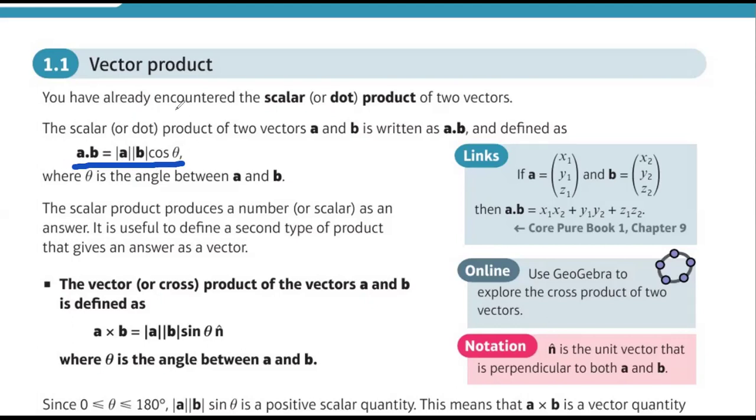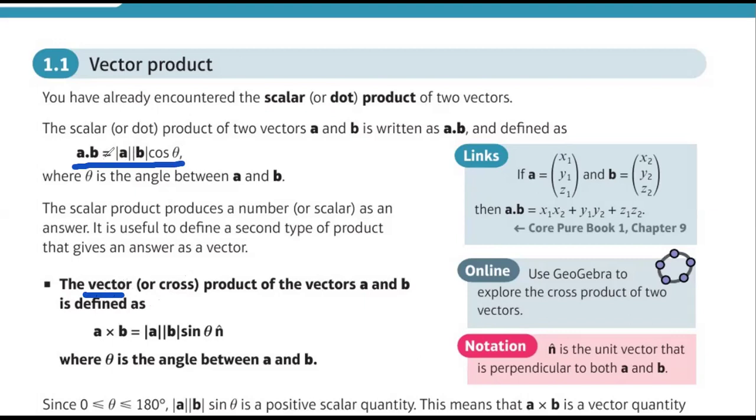This one is the scalar product. In this lesson, we mainly focus on the vector product. The scalar product, we can denote like this, A dot B. The vector product, also known as the cross product, we define as A cross B, like that.